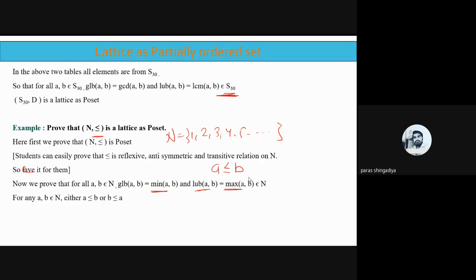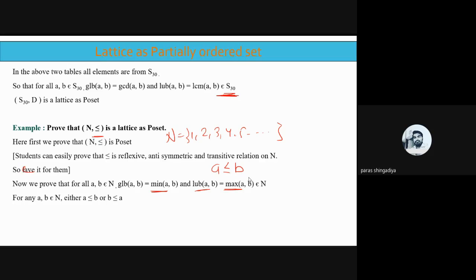So here we have two cases when we consider any a, b belongs to N. Okay, you choose any a, b from N, then we have two conditions for that: either a less than or equal to b, otherwise b less than or equal to a. So either a is the smaller value and b is the bigger value, otherwise b is the smaller value and a is the bigger value. Clear?